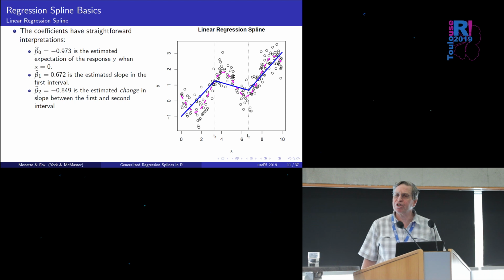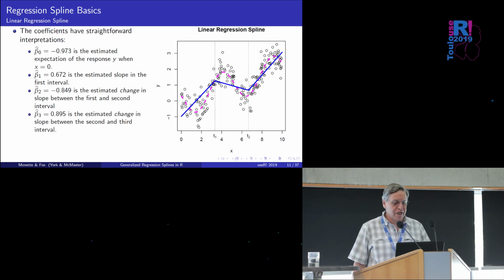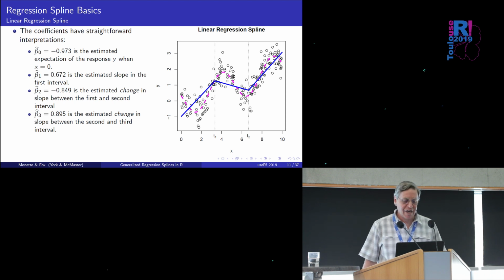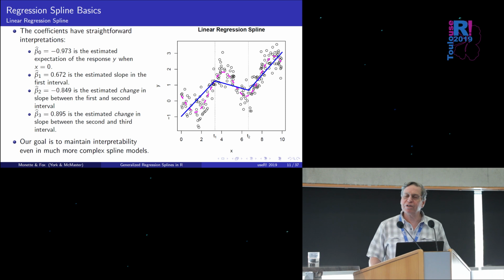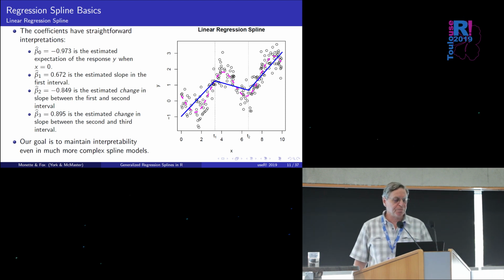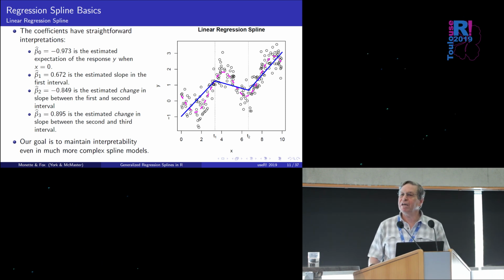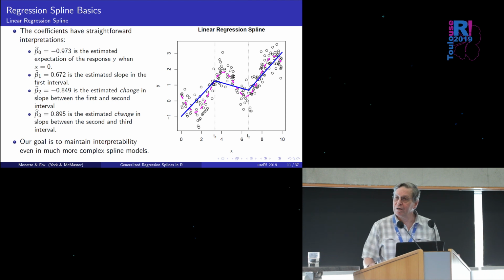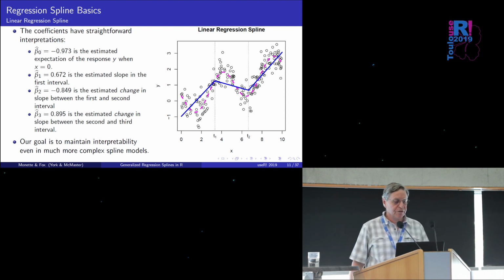Beta hat 2 is the change in slope at the first knot, and beta hat 3 is the change in slope at the second knot. Okay, so our goal is to have similar simplicity in higher degree and other more complex regression models.